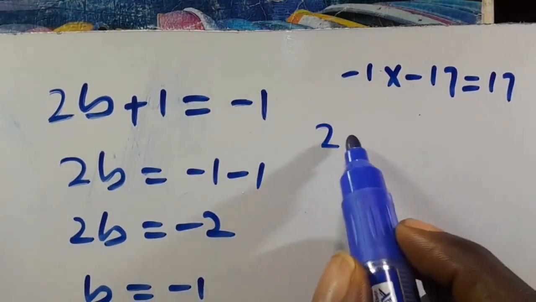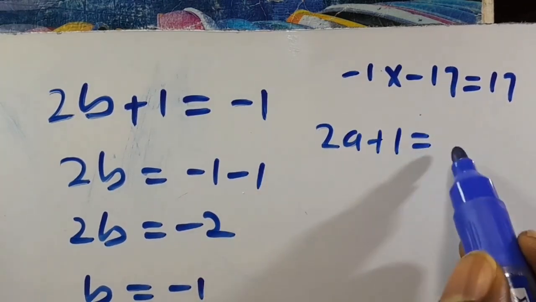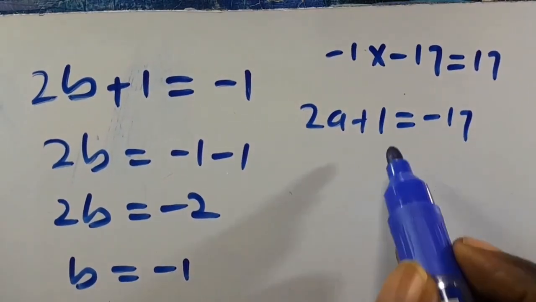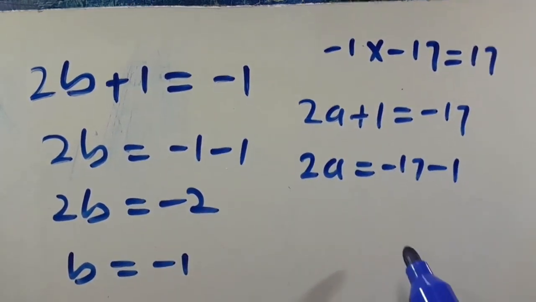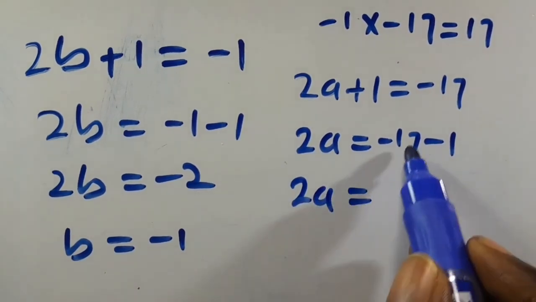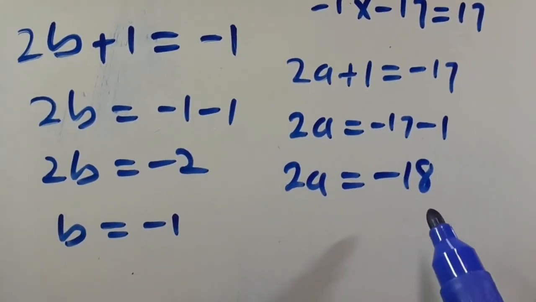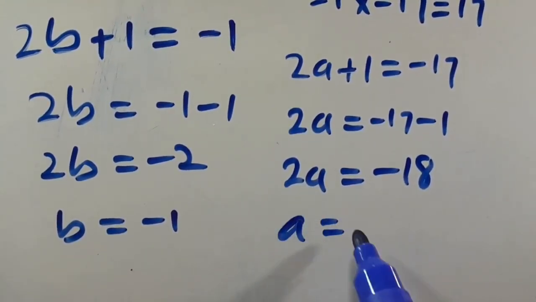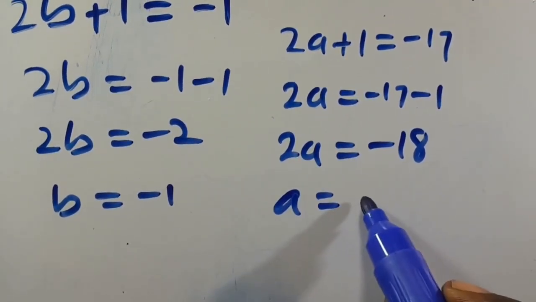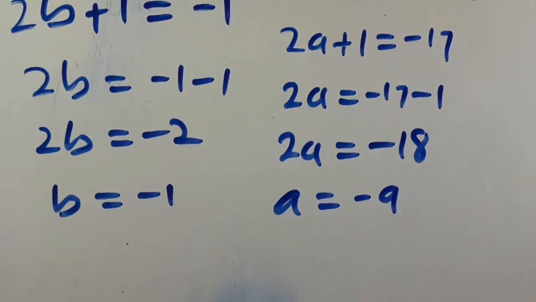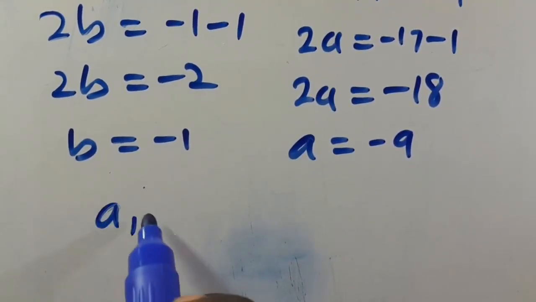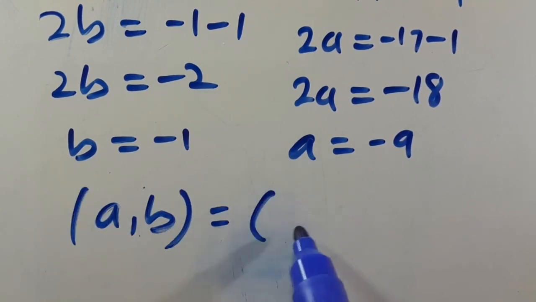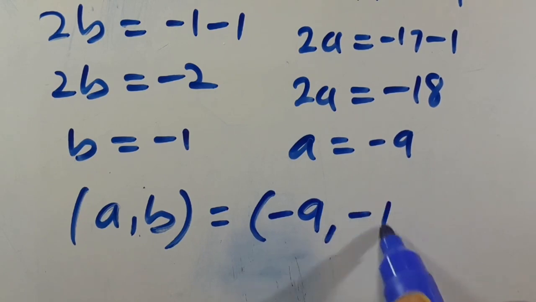Likewise, when we also have 2a plus 1 to be equals minus 17, here will be 2a to be equals minus 17 minus 1. 2a will be equals minus 18. Dividing through by 2, we have our a to be equals minus 9. So, for the negative cases, we have a, b to be equals minus 9, minus 1.